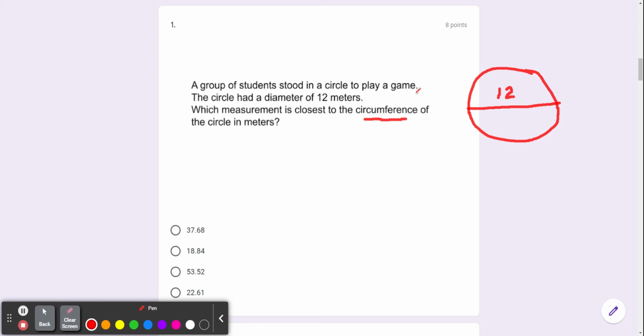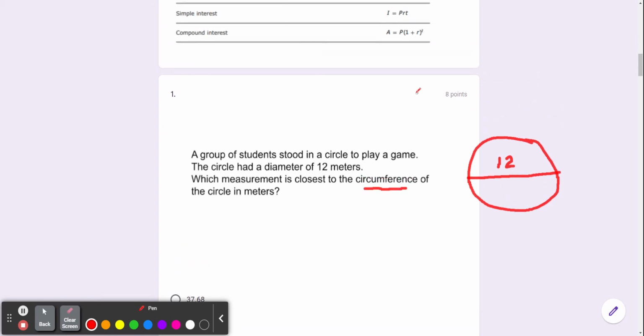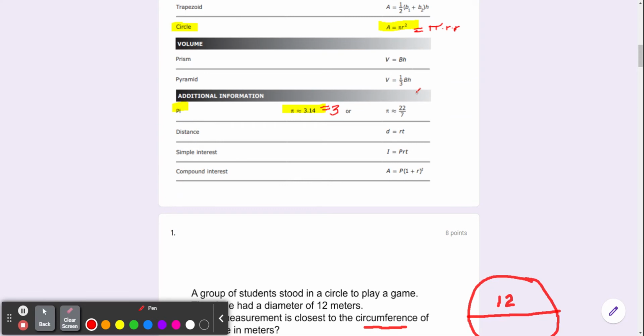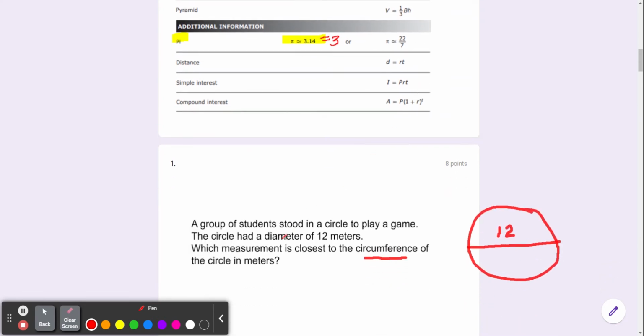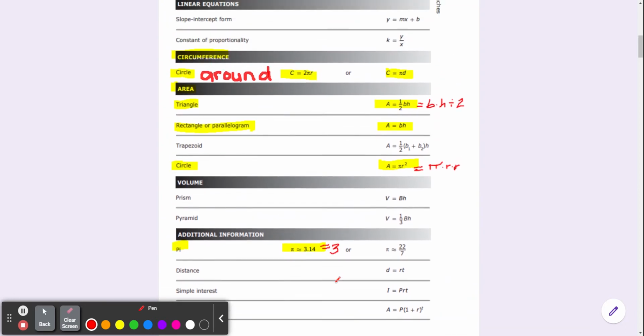So I'm going to go back to my reference materials and find the formula for circumference given the diameter. The circumference formula is this one right here, pi times diameter. I could use the other one, but I'm going to use this one since they gave me the diameter.